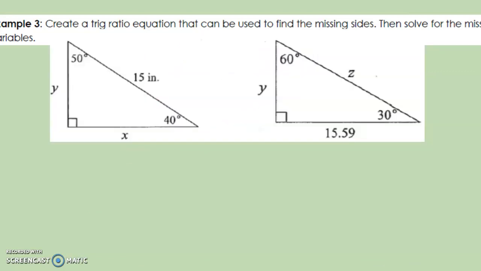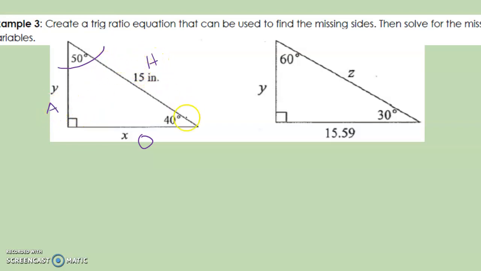Okay, so now we're going to set up a trig ratio and solve for the missing variables. I've been given all my angles in both of these examples. I'm just going to pick one to be my angle of interest. Based on that, I'm going to label opposite, adjacent, hypotenuse.